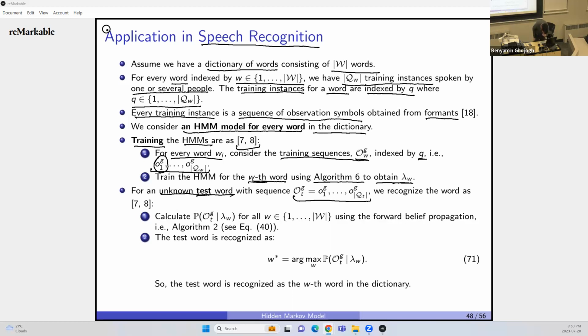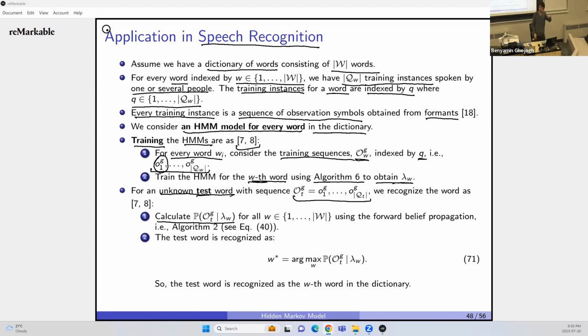So we recognize the word as this. We calculate this. What is that? The probability of O_T given the hidden Markov model. What does it mean? The probability that this is the word hello, the probability that this is the word hi, the probability that this is the word bye, the probability that this is the word I. Am I right?